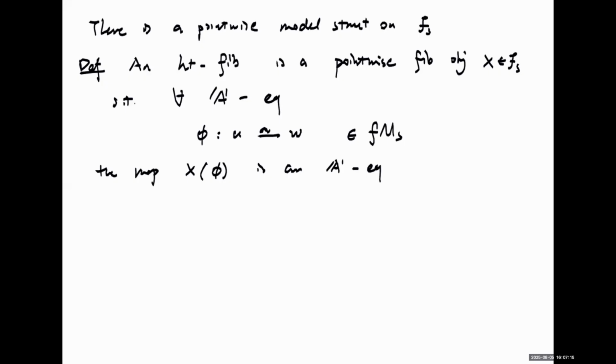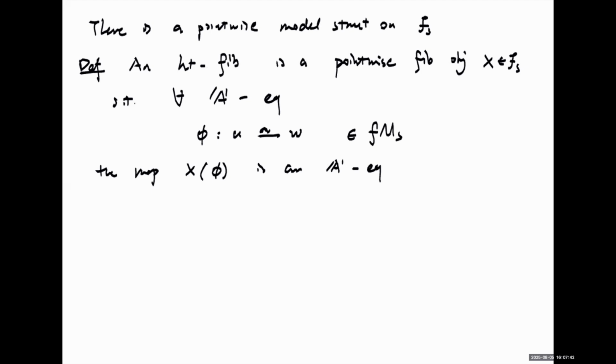Which means we care about those pointwise fibrations that preserve the A1 homotopy equivalences. Whenever you have an A1 equivalence, the height fibrant object maps it to, again, an A1 equivalence.